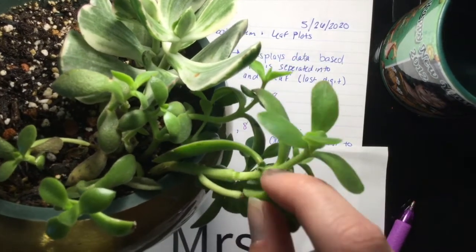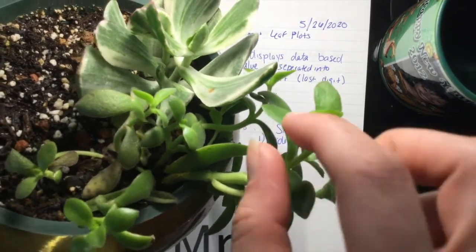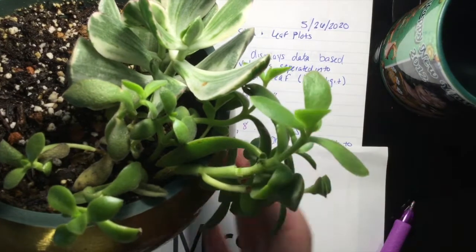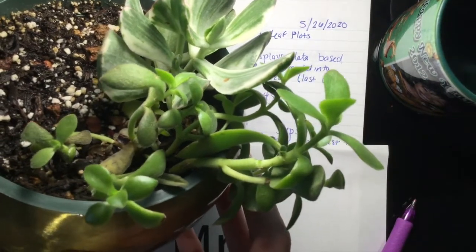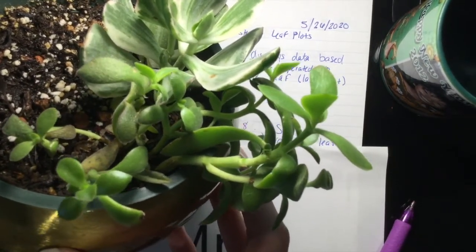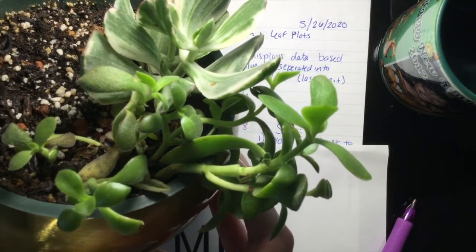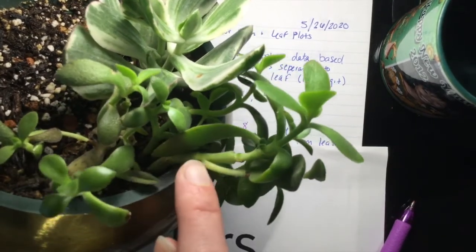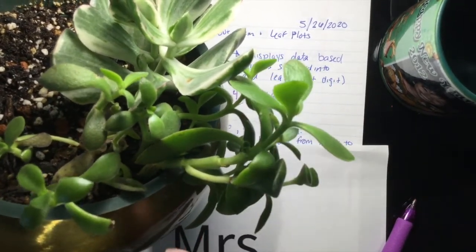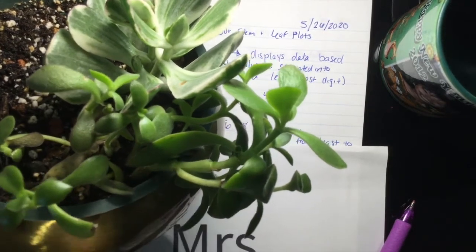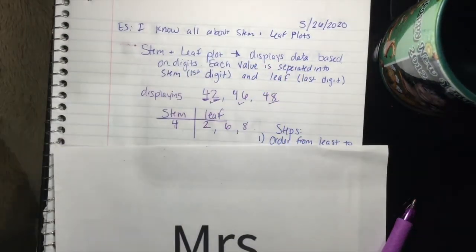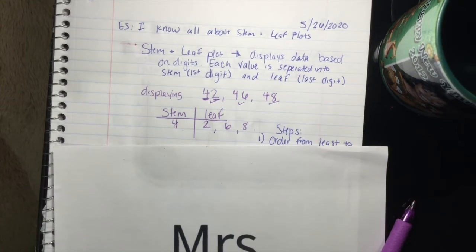And these little leaves would be like 46, 47, and 48. I hope this visual helps you see why it's called a stem and leaf plot. You can see the stems and the leaves, and if you want to display data that way, you can. Okay, enough of the plants.